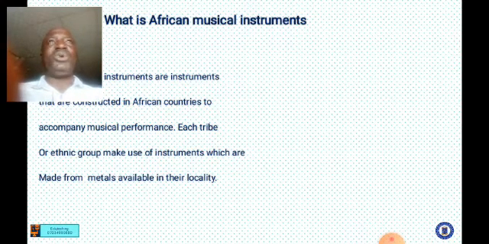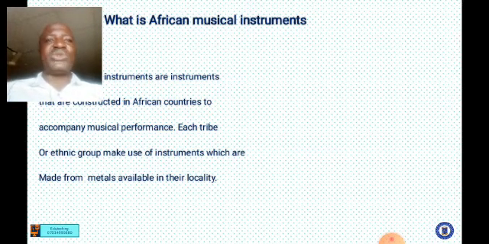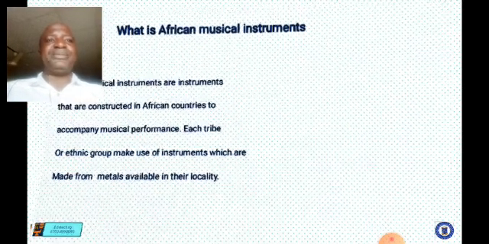As we all know, each and every one of us belongs to a tribe or ethnic group, and we have our own type of instruments that we use within our locality. So these instruments that we use are the ones that are referred to as African musical instruments.